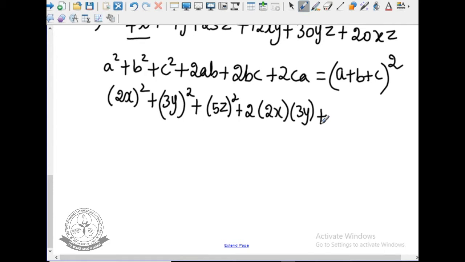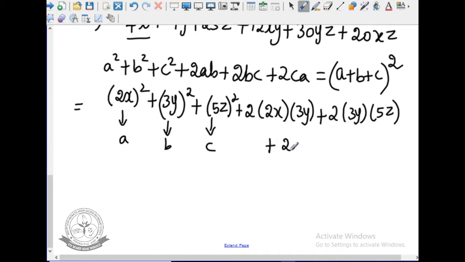Here this is the a value, this is the b value, and this is the c value. So 2ab is equal to 2 into 2x into 3y. Then the next term 2bc, b is equal to 3y and c is equal to 5z. Then plus 2ca, c is equal to 5z, and a is equal to 2x.